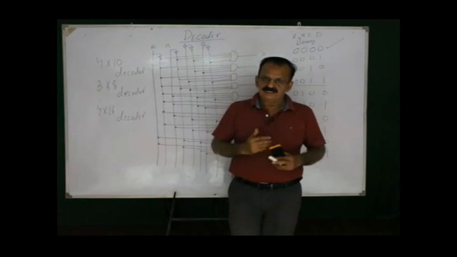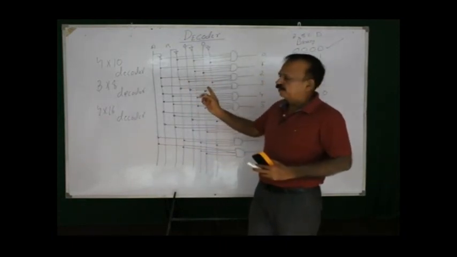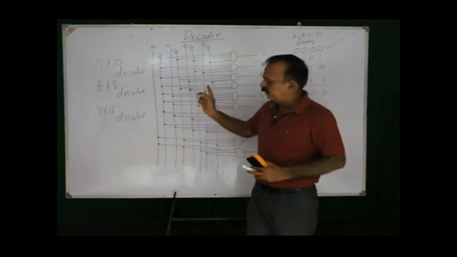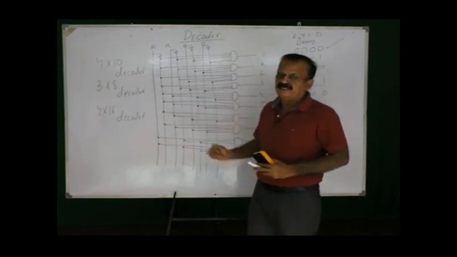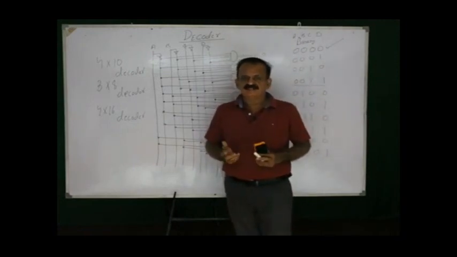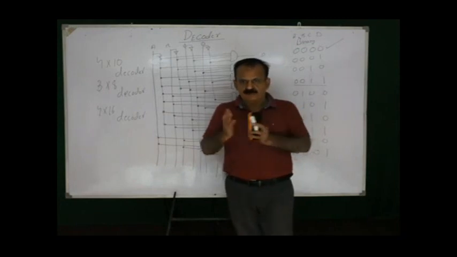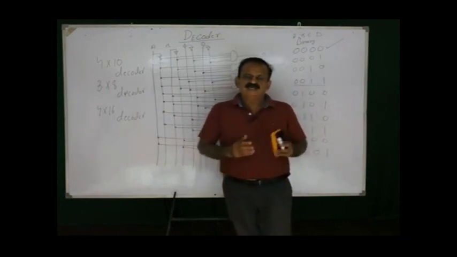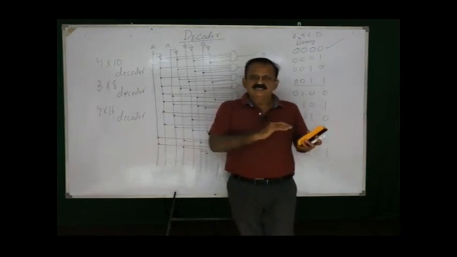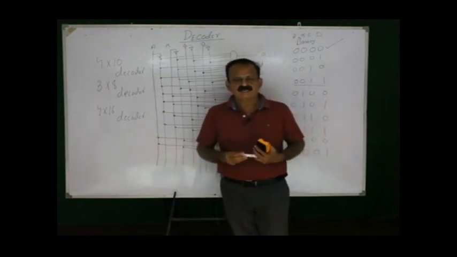But the decoder, it is a reverse process, and it is 4 by 10 decoder or 3 by 8 decoder or 4 by 16 decoder. So these two are combinational circuits. One is converting the different numbers to binary numbers, that is encoding, and the another one is converting binary to different number systems, and that basically is known as a decoder.